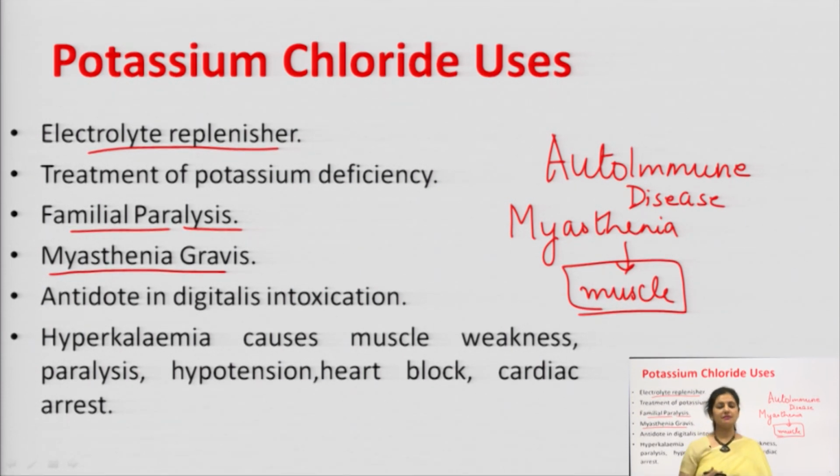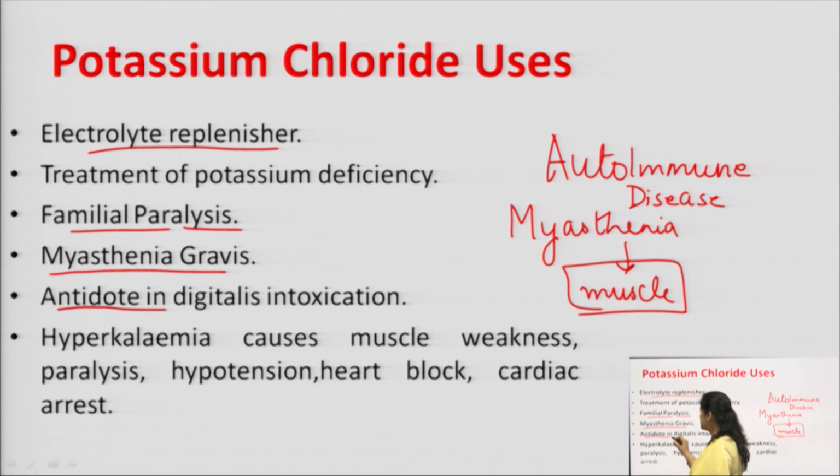But when our body itself becomes immune to its own components, that is called autoimmune disease. No actual reason has been traced so far for how this happens. However, myasthenia gravis is a disease related to muscle weakness and it arises as an autoimmune disease. This is a condition where we need to administer potassium chloride salt.